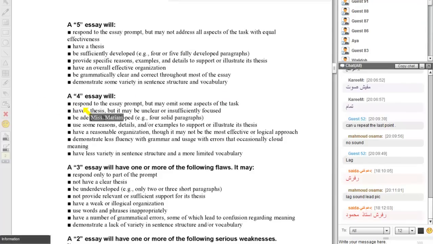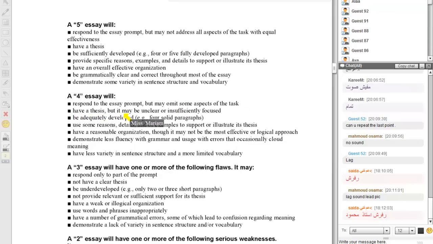As for the 4 score, respond to the essay prompt, but may omit some aspects of the task. Here he ignored a main aspect of the task. Okay, so omit means to remove or to skip.